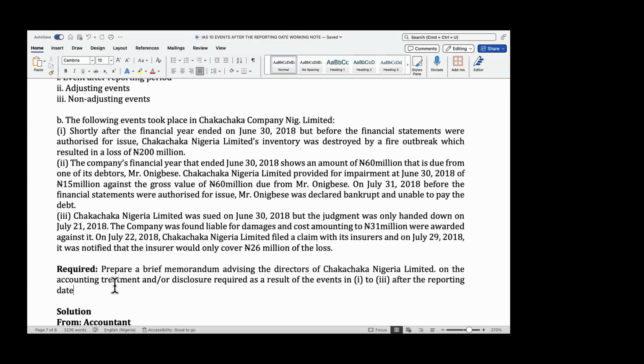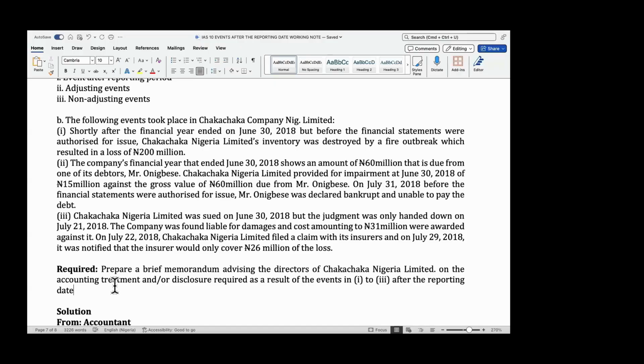Okay, let me try. Okay, go ahead. I think it is a non-adjusting event, right? Since the insurance company has taken over 26 million naira of the loss filed against Shaka Shaka Limited, Shaka Shaka Limited will take care of the balance.